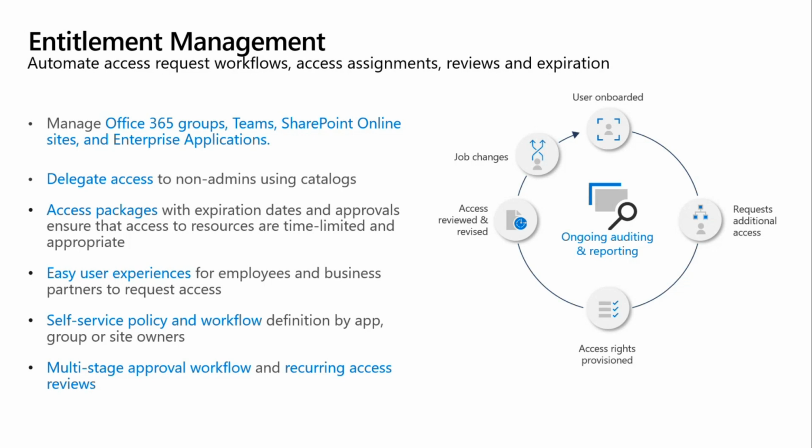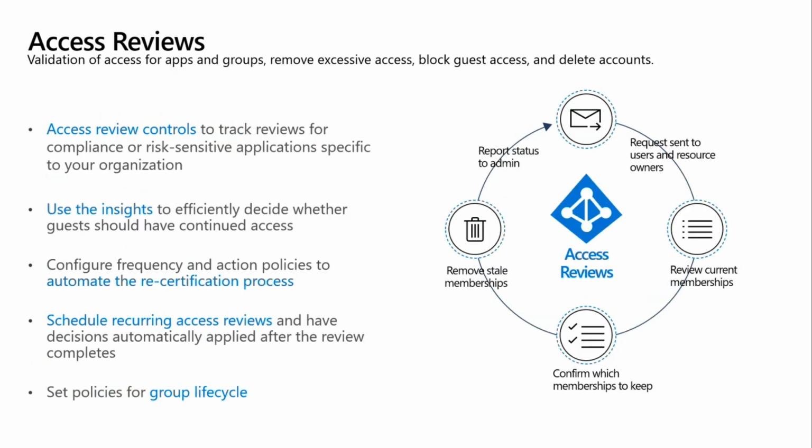Let's see, hold on. And then access reviews. Access reviews are typically included in any good identity governance process. Honestly, this should be the bare minimum that you're going to get. Some of our competitors will call access reviews IGA, but it isn't just IGA, it's just one of the options within IGA.